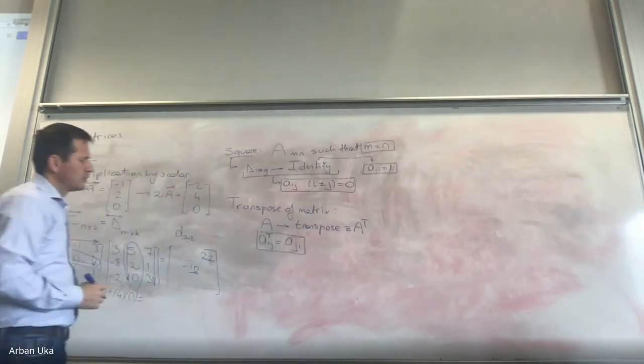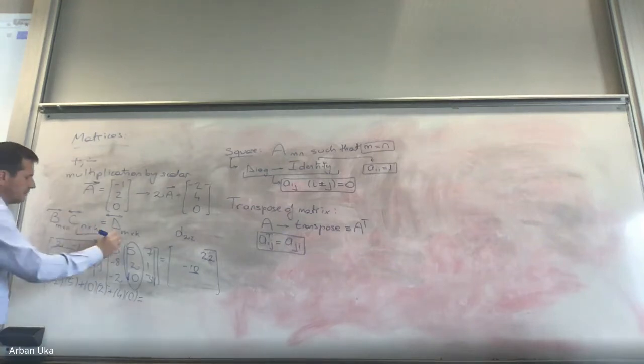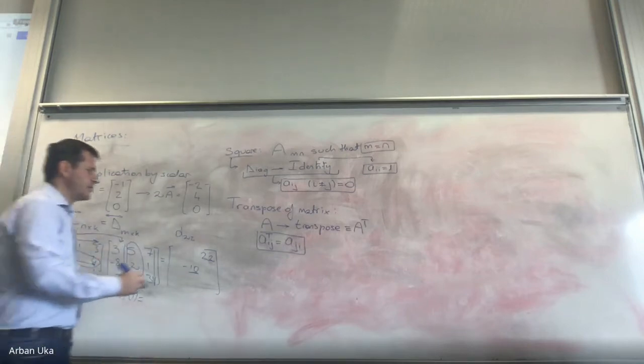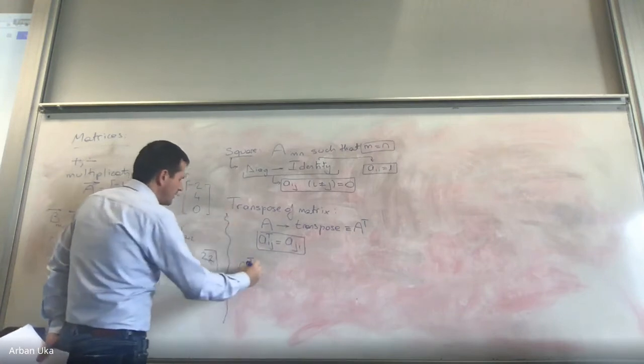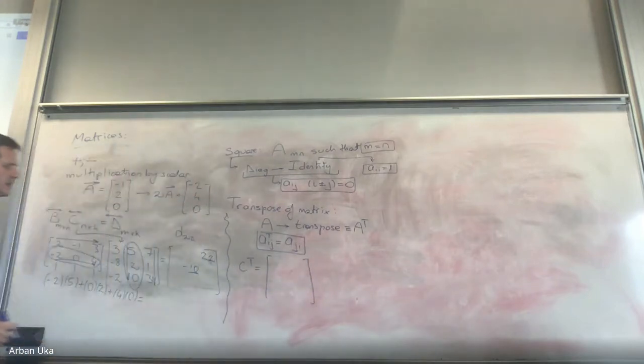Okay, so which means that, for example, if we pick up this matrix C, assuming that we define it here, then we may try to identify what is the C transpose.